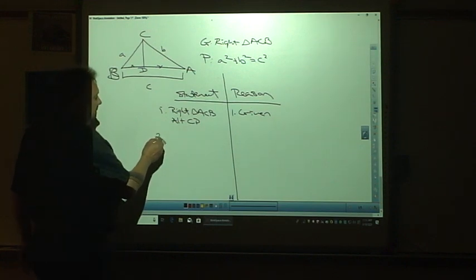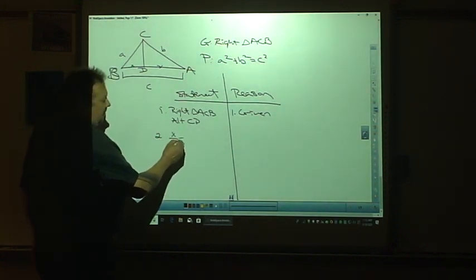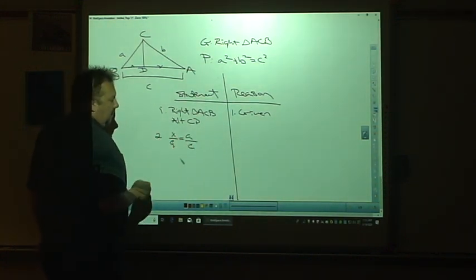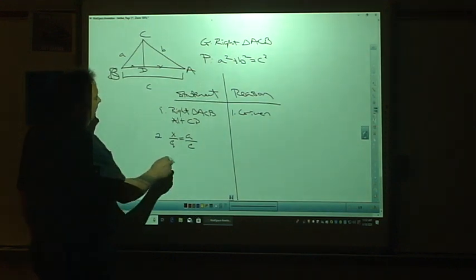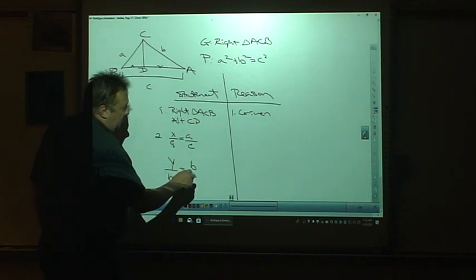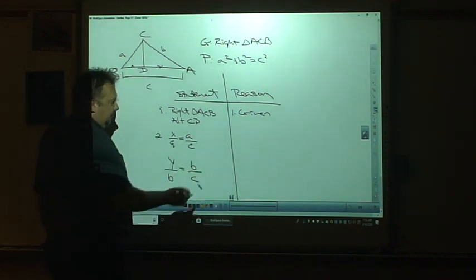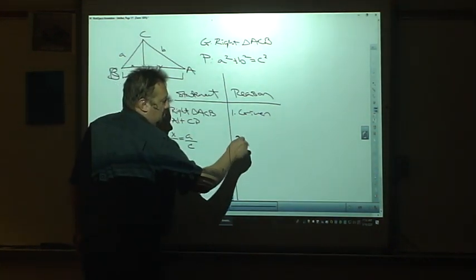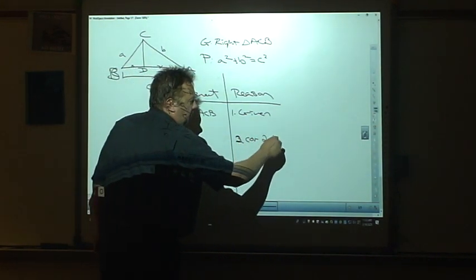So I'll start with X over A is going to be equal to A over the hypotenuse. And Y over B is equal to B over the hypotenuse. Corollary 2, theorem 49.